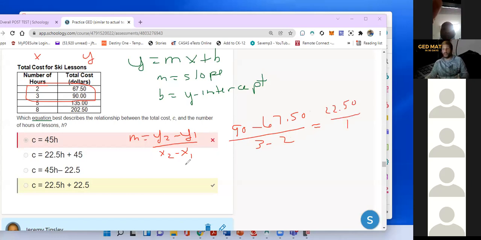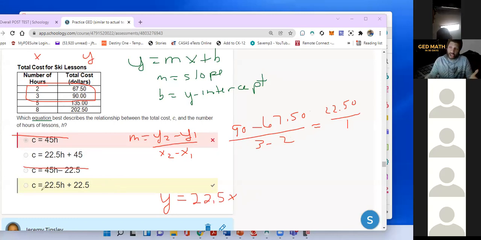So I know my slope is 22.5. So I know it's not A, I know it's not C. Why? Because I know my equation should look like this. Y equals 22.5x plus or minus something. Because I know the slope is what's in front of the variable.